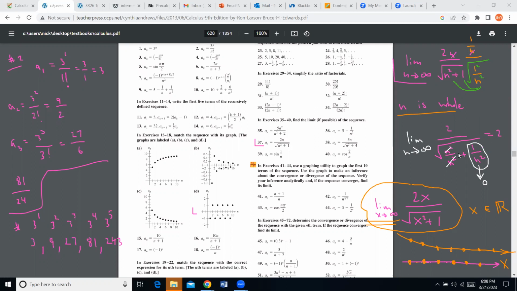No matter if you use n, just those points, or x, which is anything real, the result is the same.